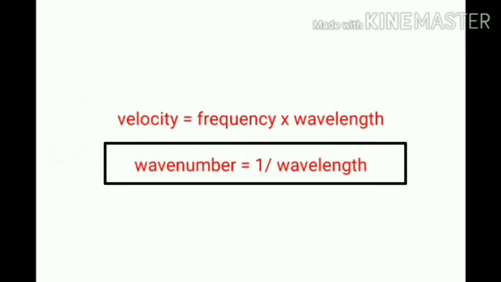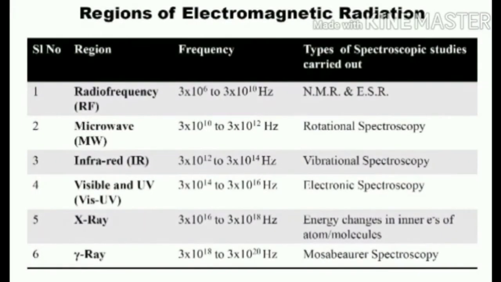Now this electromagnetic radiation is divided into some regions, which are called regions of electromagnetic radiation. So we are going to see what these regions are.